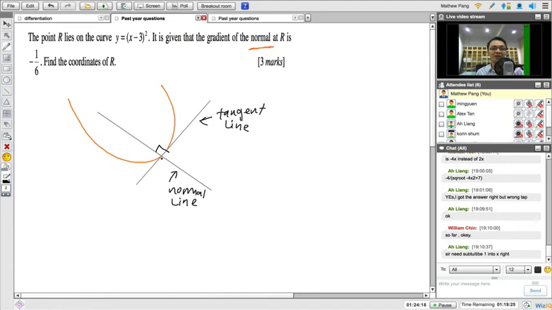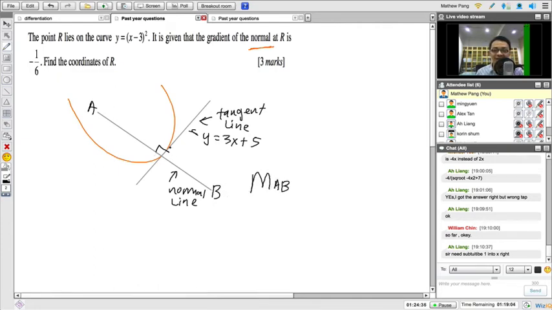Alright, just now we had the equation y equals 3x plus 5, right? So we know the gradient for this line is 3. Then we want to find the gradient for this line. Let's say I call this line AB.